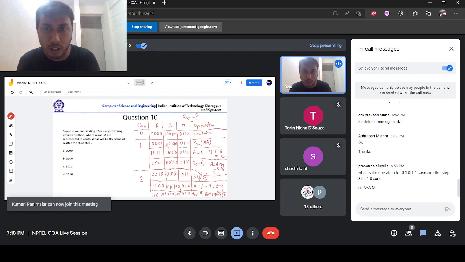Okay, so this was the final problem. If you have any doubt, you can ask regarding this. This is a very complicated part, but for solving this you need to remember the algorithms. These are the two algorithms we need to remember for this subject: Booth's multiplication algorithm and the restoring division algorithm.